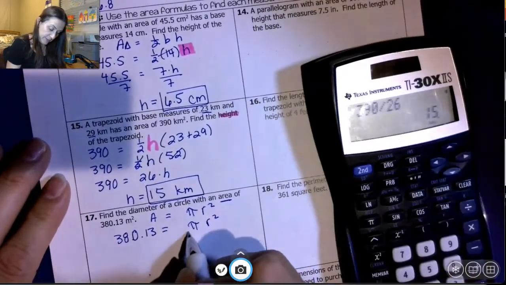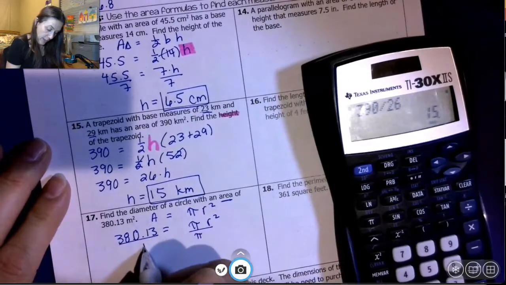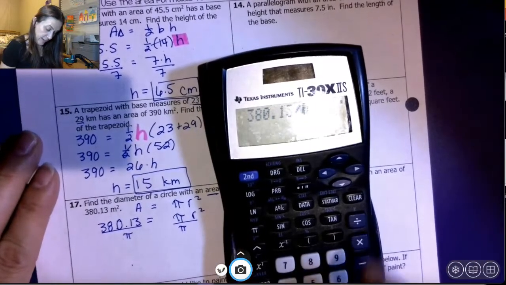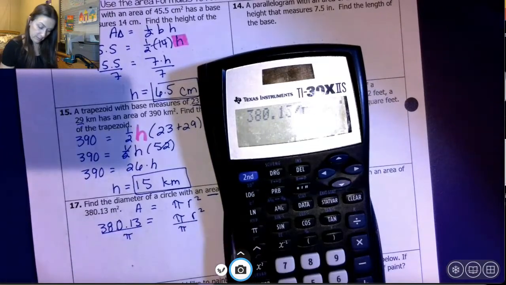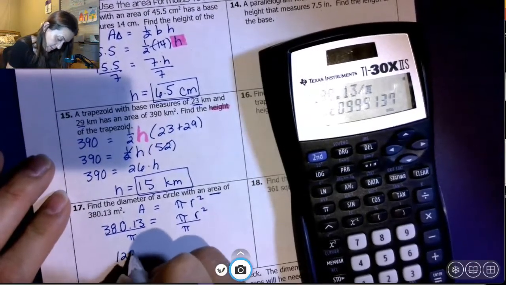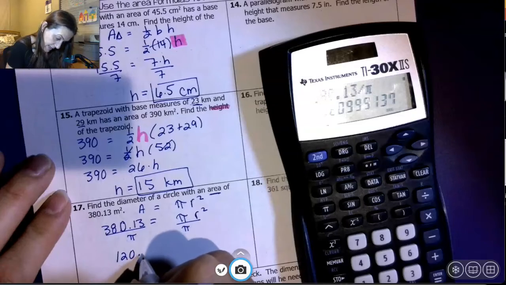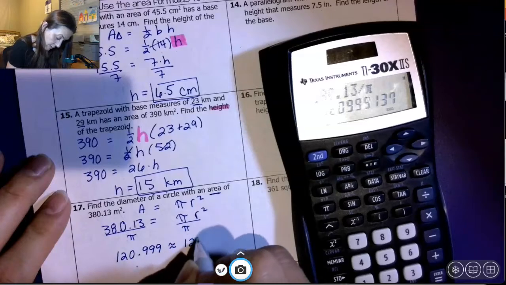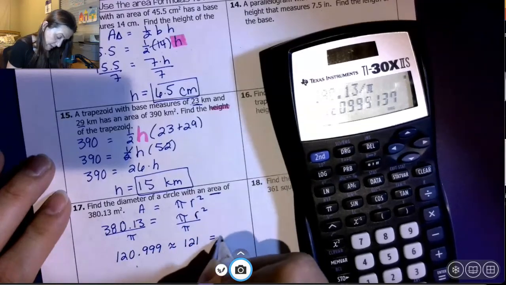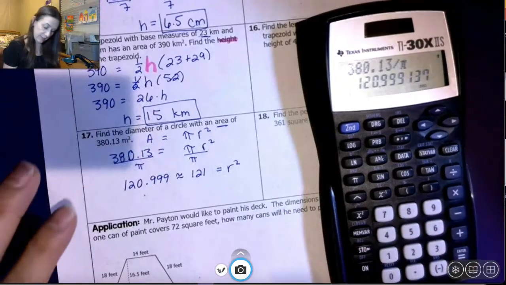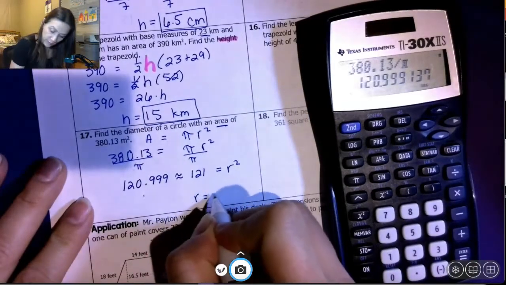Now to get the radius by itself, I'm going to divide by pi. So take 380.13, divide by pi. I get 120.999, which is pretty close to 121. And that would equal r squared. Well, what is the square root of 121? Hopefully we know this. Square root of 121 is going to be 11.